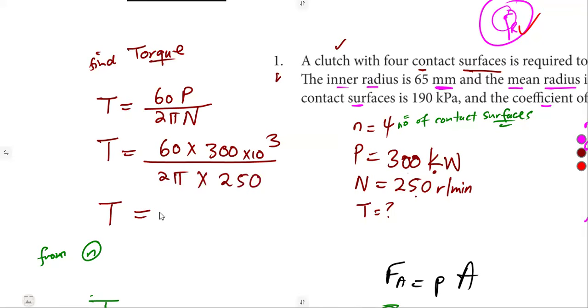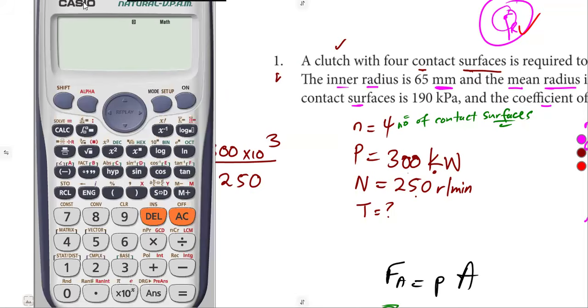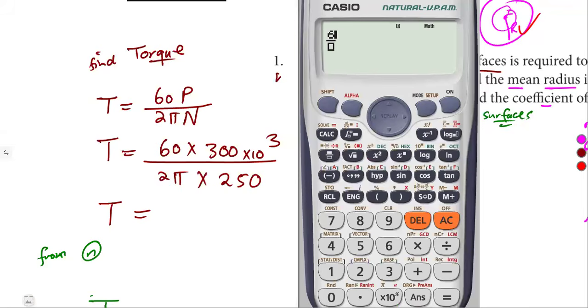That gives us the torque in newton meters. Use your calculator directly: put a fraction, 60 times 300 times 10 to the exponent of 3, everything over 2 times pi times 250.